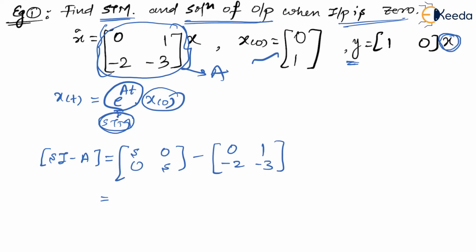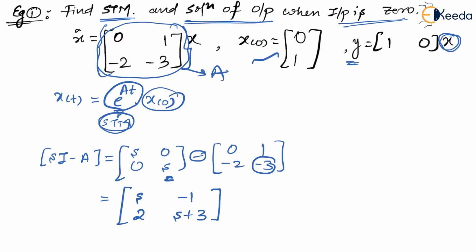If I put them together, I get s minus 0 is s, 0 minus 1 is minus 1, 0 plus 2 is 2, and s minus of minus 3 is s plus 3. Is that correct? Yes, that is sI minus A.